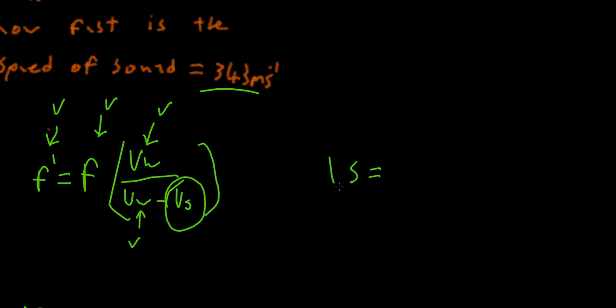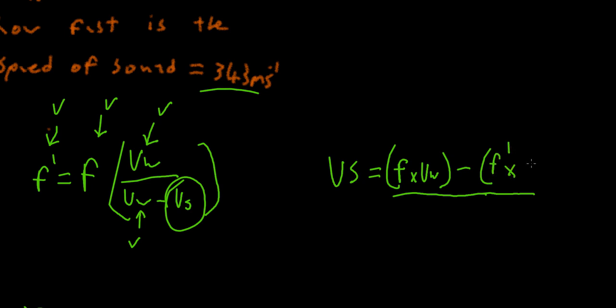So the velocity of the source equals the actual frequency times the velocity of the wave minus the apparent frequency times the velocity of the wave, divided by negative apparent frequency.